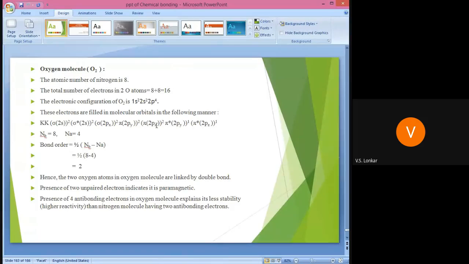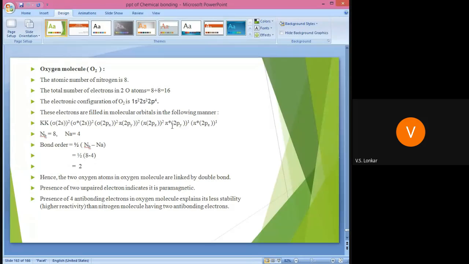See, while writing this electronic configuration, or while filling electrons into molecular orbitals, we must follow the rules: the Aufbau principle, the Pauli exclusion principle, and Hund's rule. Hund's rule is very important, because according to Hund's rule, the antibonding pi star orbitals, that is pi star 2py and pi star 2pz, have equal energy.